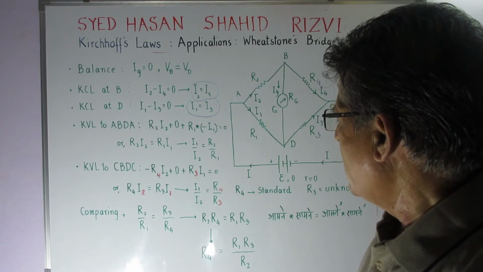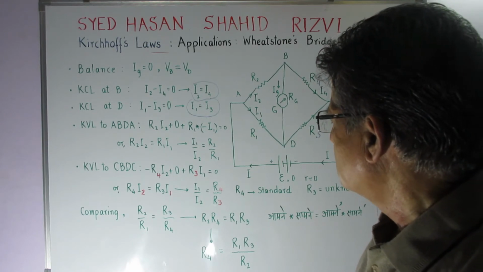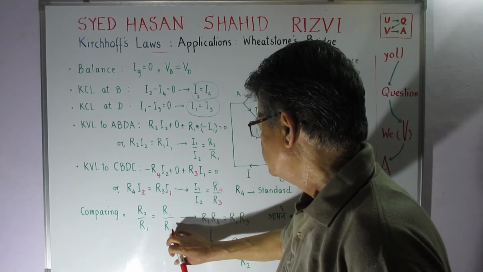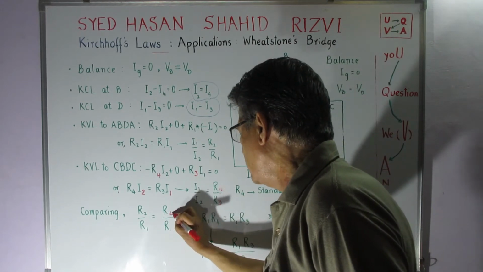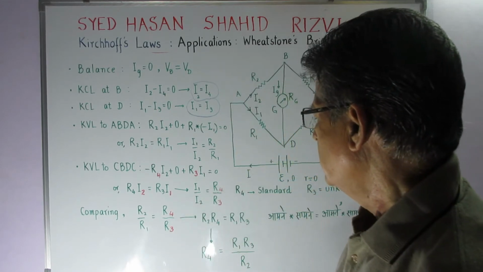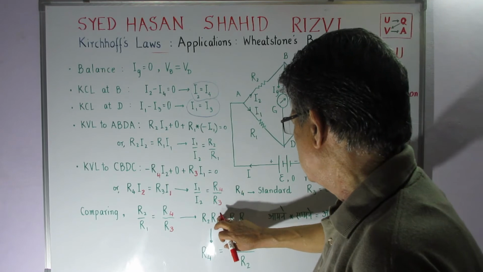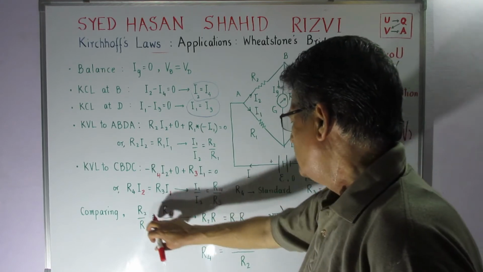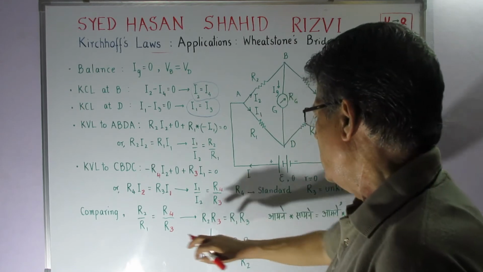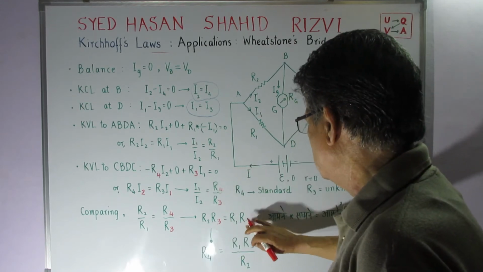So R2 upon R1 is equal to R4 upon R3. Okay, which gives R2 into R3 is equal to R1 into R4.